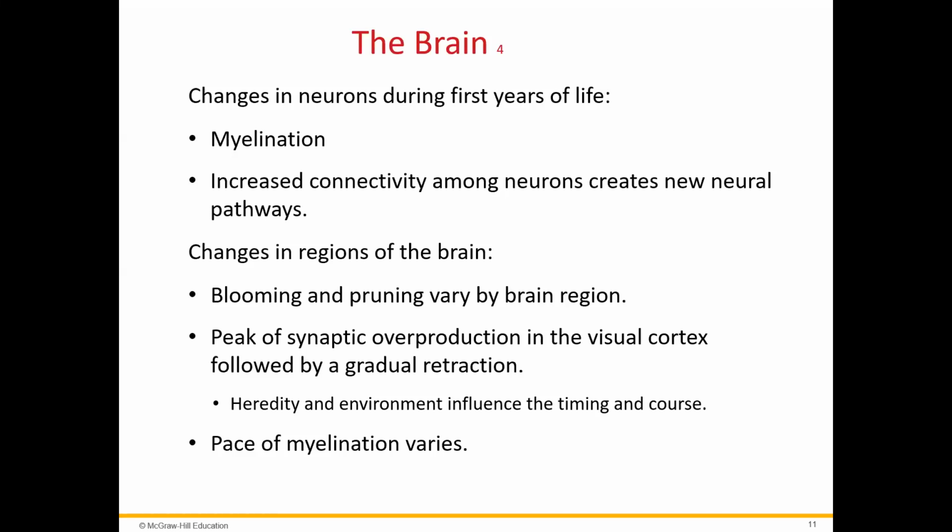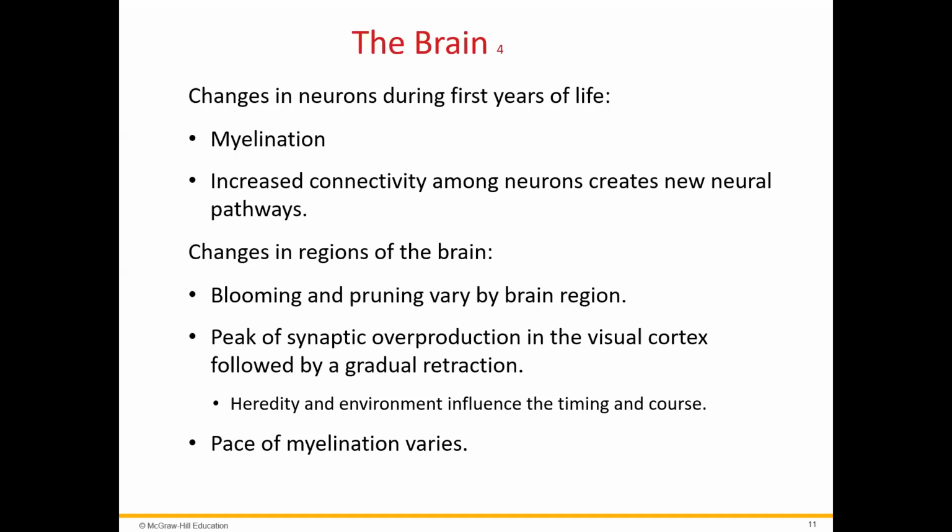Blooming is really the same thing, I guess, as synaptogenesis. Blooming is that new connections are being formed. It's a different word, because I don't know if your book uses synaptogenesis, but it basically means the same thing.